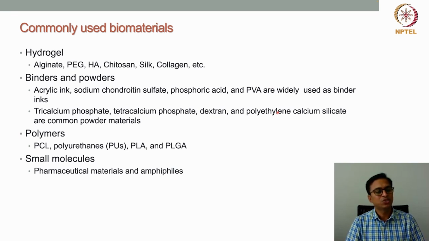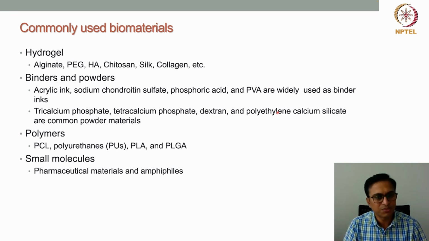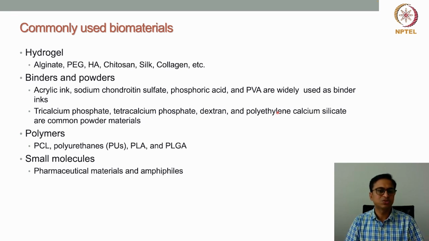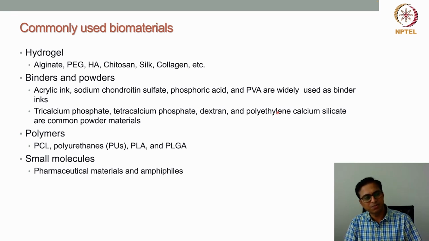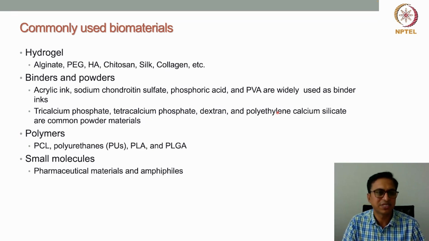But we need to consider the viscosity of these materials, because the viscosity should not be very high. Low viscosity materials can be very well used for making either 2D patterns or 3D structures, or patterning of these biomaterials. Those things are very much done.